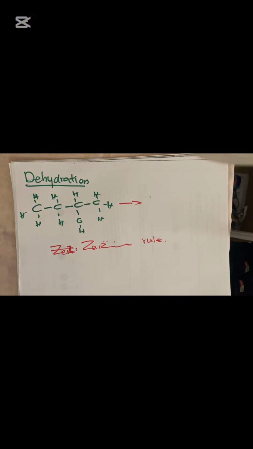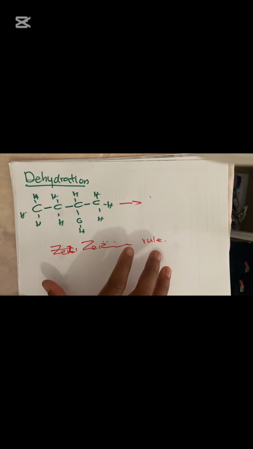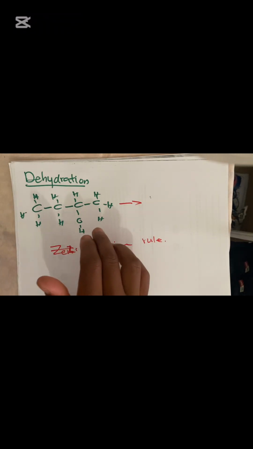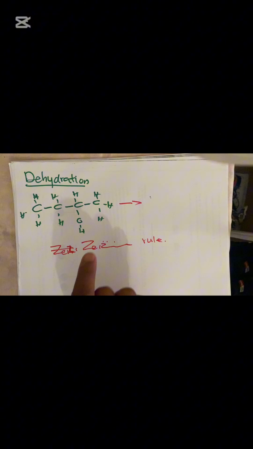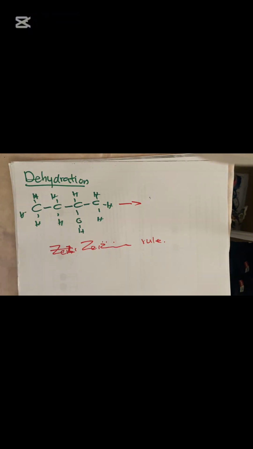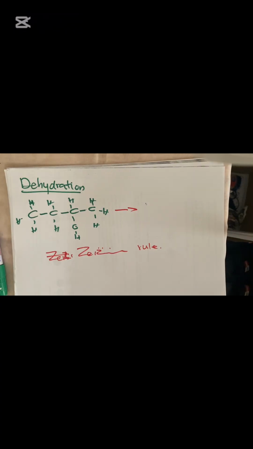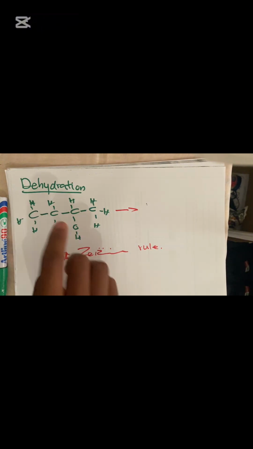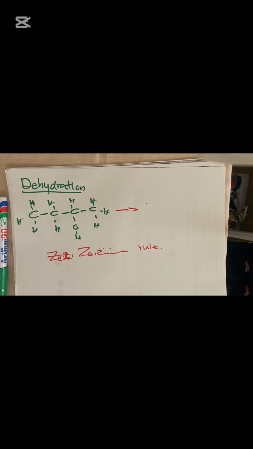The ZZ rule says that we remove the hydrogen from the carbon with the least number of hydrogen atoms.